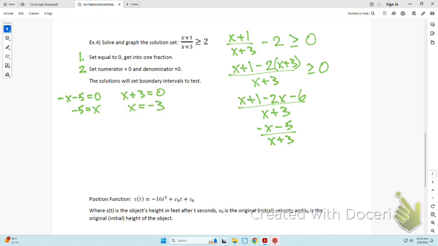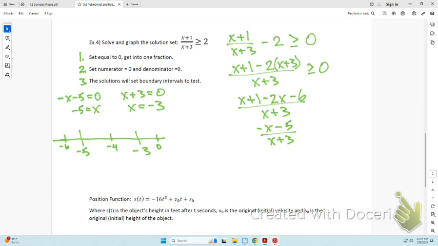And we go like we did before, and we test the zones, if you want to call them that. So let's test negative 6, negative 4, and 0.